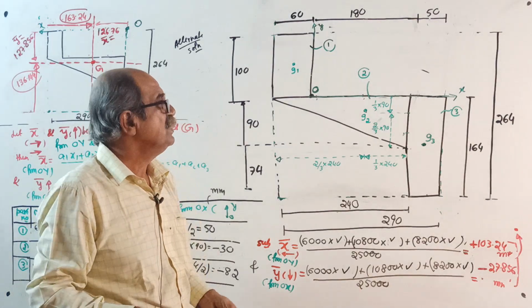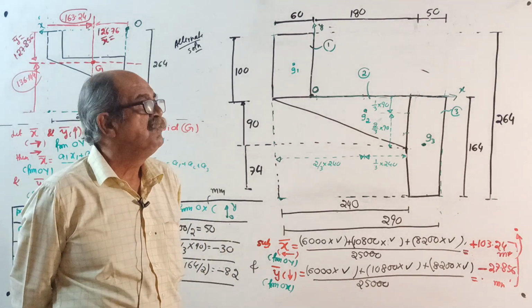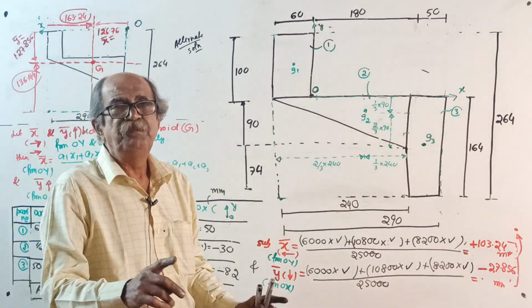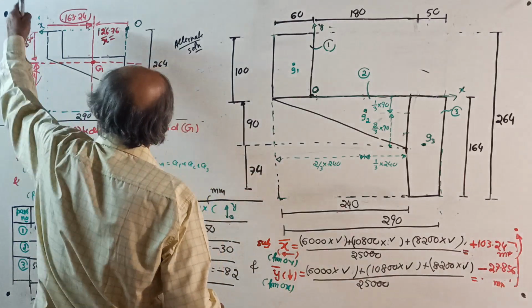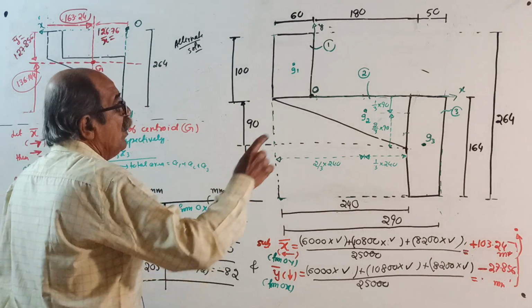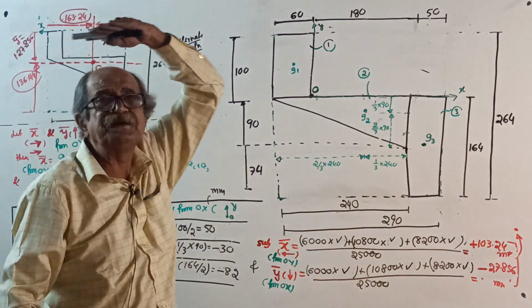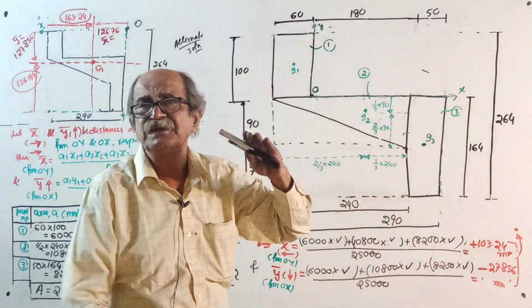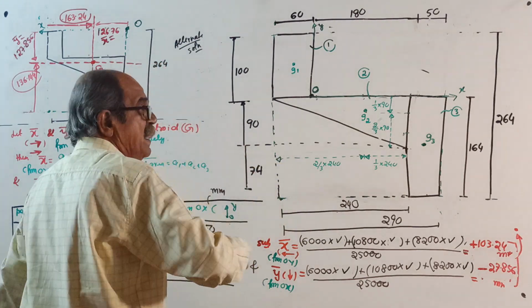Already I told you, when you locate origin or when you measure x and y, it is better to take the reference axis either left extreme edge vertical or right extreme edge vertical, or top extreme edge or bottom extreme edge, or take bottom left extreme edge.